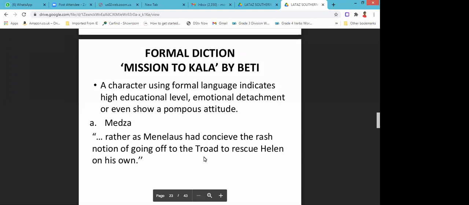And the example says, "rather as Menelaus had conceived the rash notion of going off to the Troad to rescue Helen on his own." So he's thinking about Menelaus, he's thinking about Greek mythology. That is not everyday language. That is someone who has been exposed to a certain level of education to know about this and to use such an allusion.